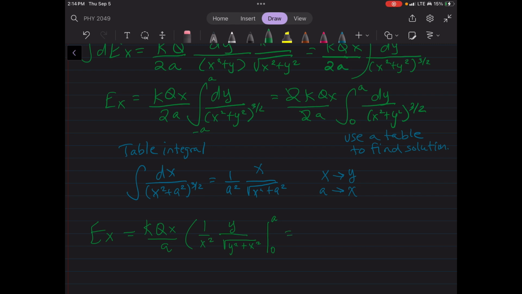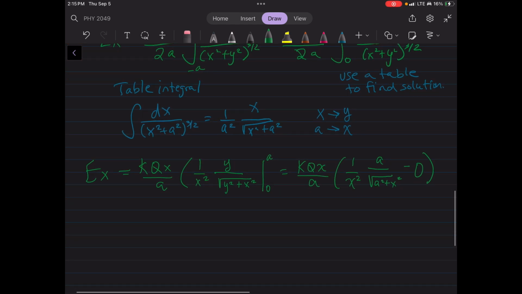So I will be plugging in, remember x is just a constant, a over the square root of a squared plus x squared, minus 0.